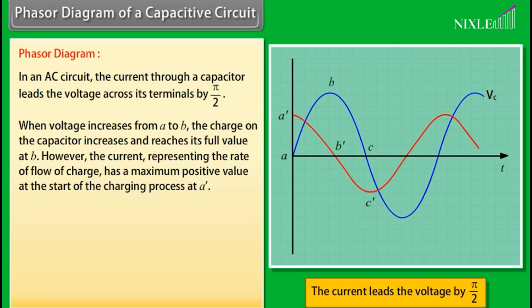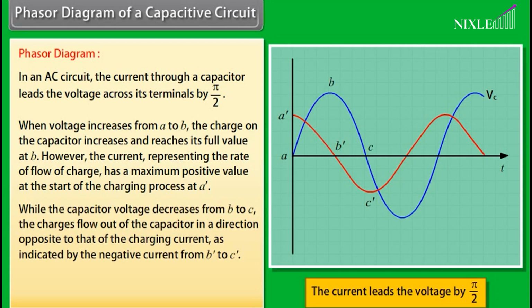When voltage increases from A to B, the charge on the capacitor increases and reaches its full value at B. However, the current representing the rate of flow of charge has a maximum positive value at the start of the charging process at A dash, while the capacitor voltage decreases from B to C. The charges flow out of the capacitor in a direction opposite to that of the charging current, as indicated by the negative current from B dash to C dash.